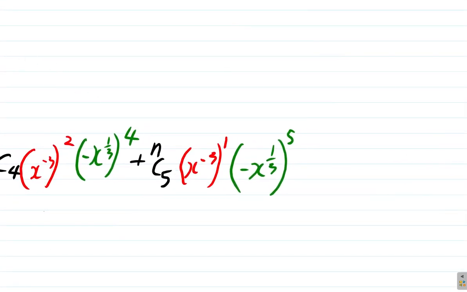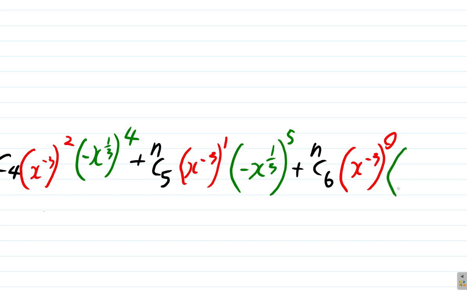Next, you have plus NC6. Then you have x to the negative 3 raised to the power of, it goes right down to 0. To the power of 0, they normally leave that out, but I want to write it here. And then the negative x to the 1/3 goes up to the power of 6.